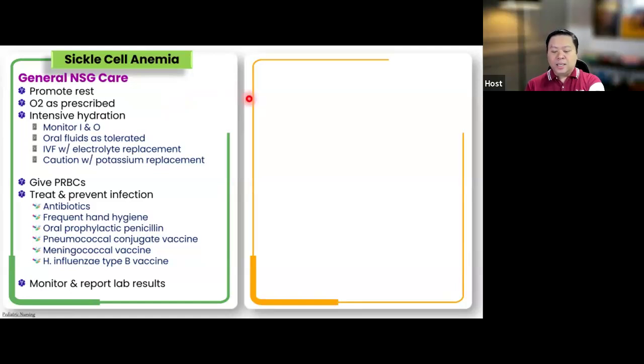Now, for patients with acute pain, this can be managed in a variety of ways. If the patient is manifesting, let's say, mild to moderate pain, the patient can be medicated with regular acetaminophen or ibuprofen, okay? So that's only for mild to moderate pain.